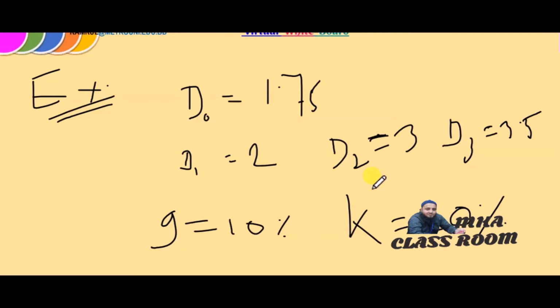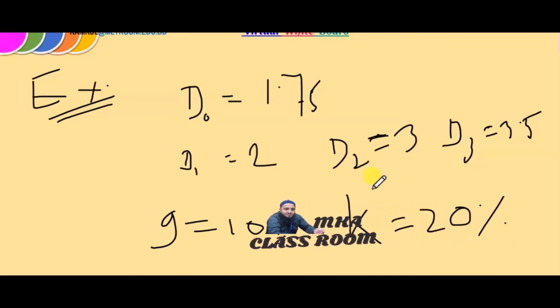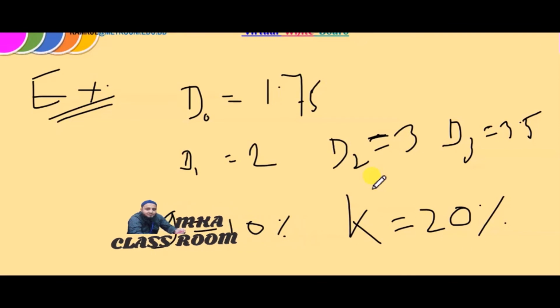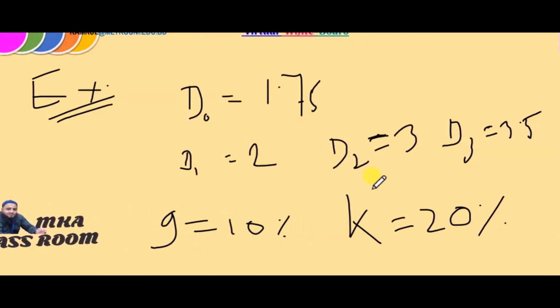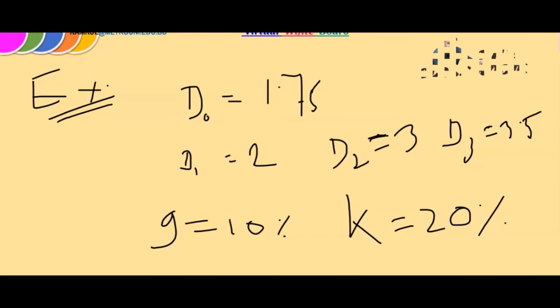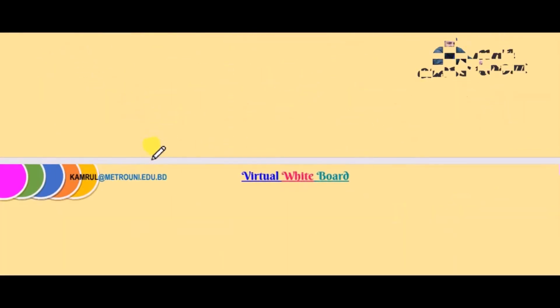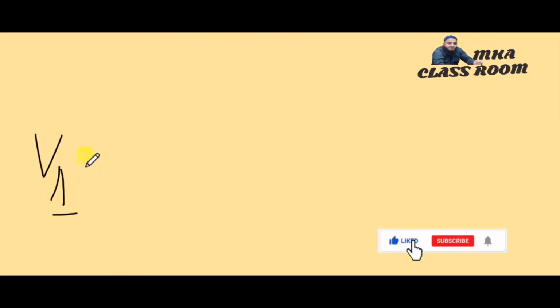At first we have to calculate V1, then V2. It is very easy to calculate. First we calculate V1, the dividend portion.